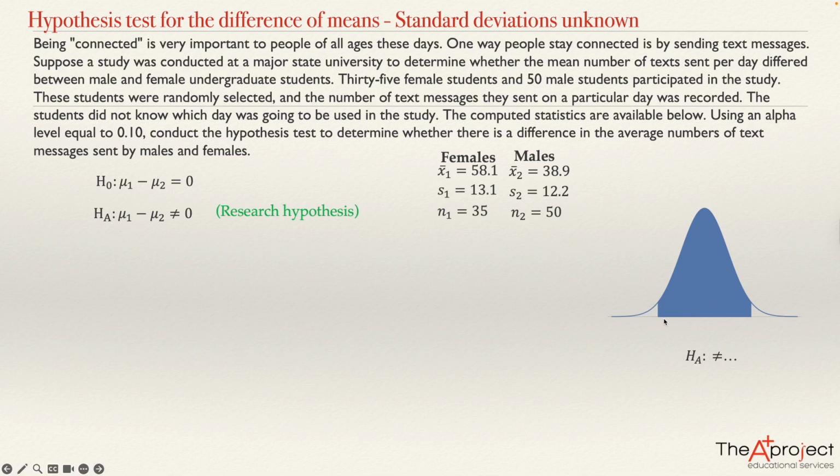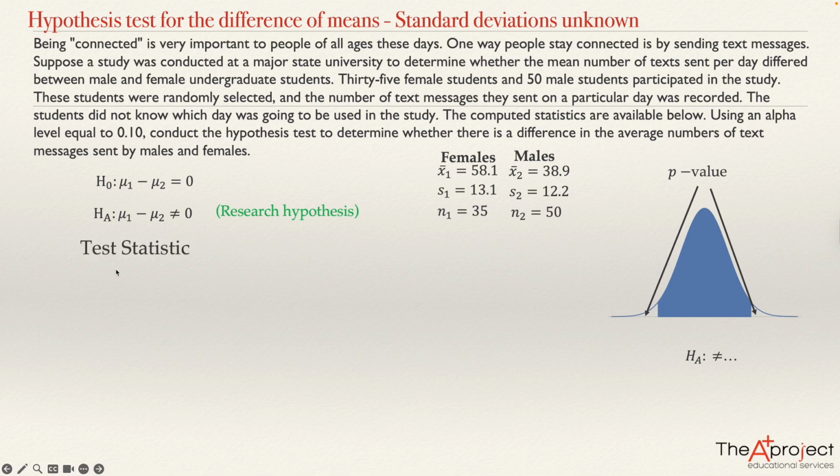The test statistic is the value that separates the p-value from the rest of the distribution. So the test statistic will be either this number here or this number here. So the p-value is this area plus this area. Let's compute the test statistic. So let's find this value or this value.